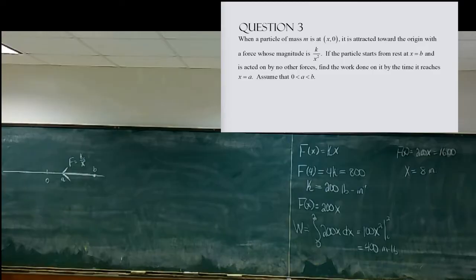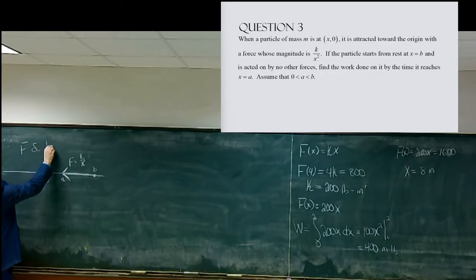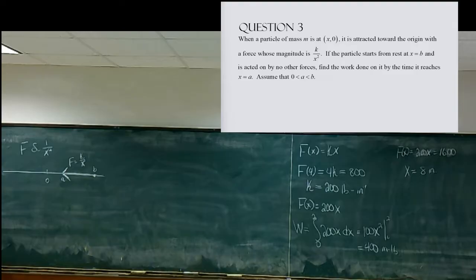So in other words, this attractive force is proportional to 1 over x squared, 1 over the square of the distance from the origin, or from the center. This is known as an inverse square force. Technically, it's an inverse square field. Now that's advanced.